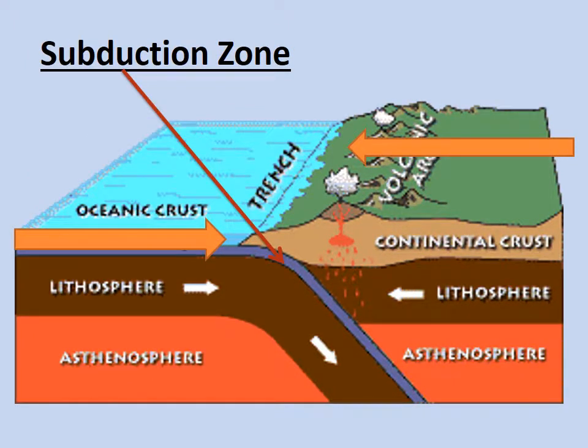Maybe more significantly, as far as what we can actually see, are subduction zones. So in this case, we have landforms moving towards each other. In the case of California, the oceanic crust moving towards the continental crust, and where the lithosphere is being forced down below the lithosphere of another one of the plates, you get upheaval.